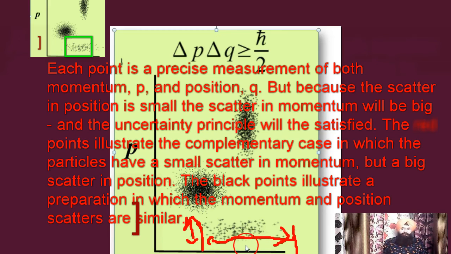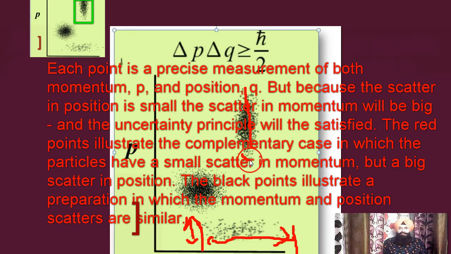Delta Q means position. Now if we choose another particle and repeat the experiment several times, we again get a spread.